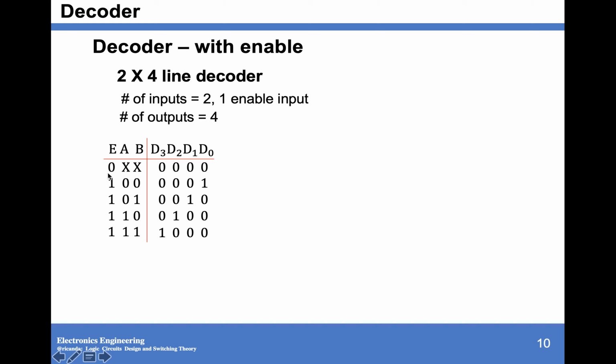If your enable is equal to 1. But if it is 0, whether your input is 0 or 1, your outputs are all 0. So we have this expression for your D0, expression for your D1, expression for your D2, and for your D3.